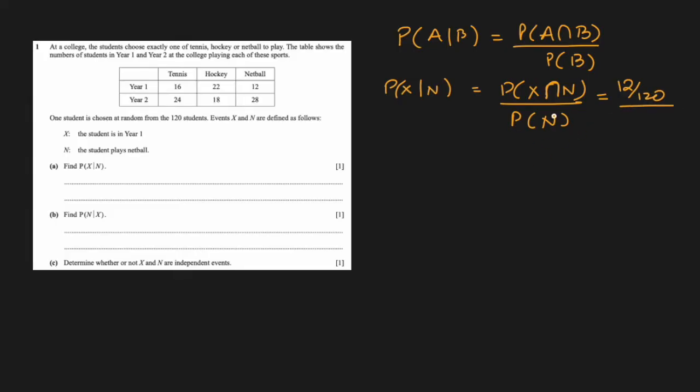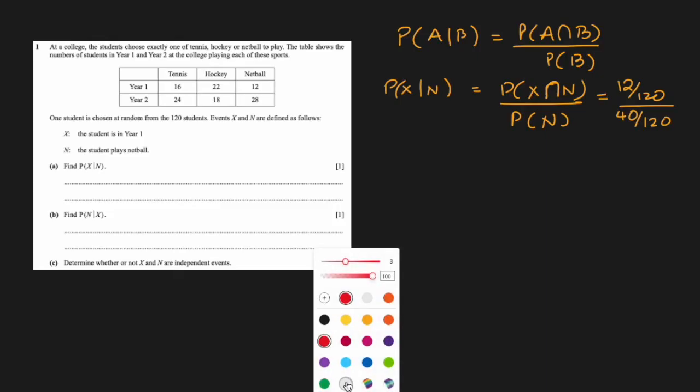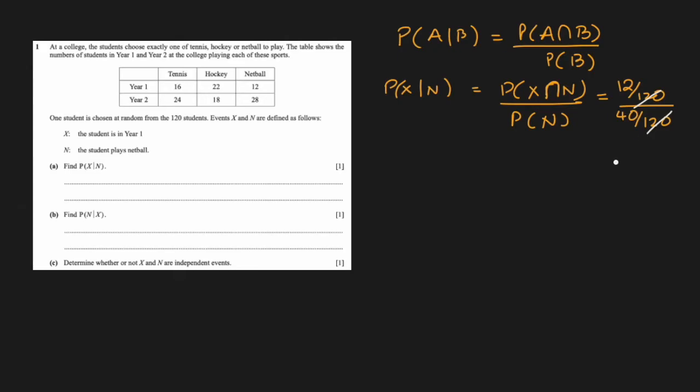Now the probability of playing netball: netball is being played by 40 students from both the years. What is the probability of selecting those students? 40 divided by 120. Since the denominator of both is the same, we can cancel it out. So we are left with the answer 12 out of 40, which is 3 out of 10. That's the answer of this one.